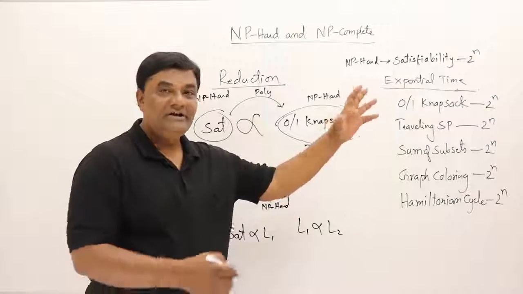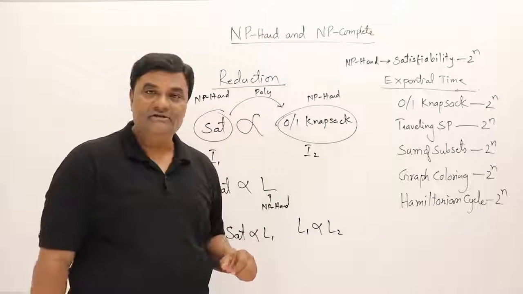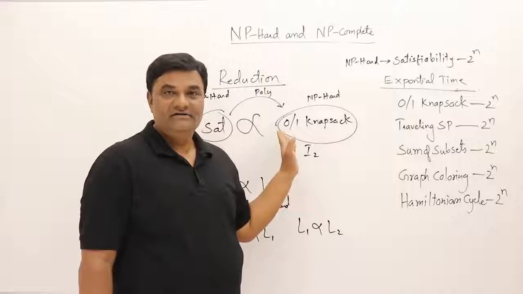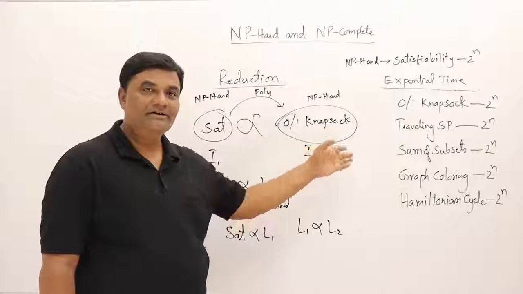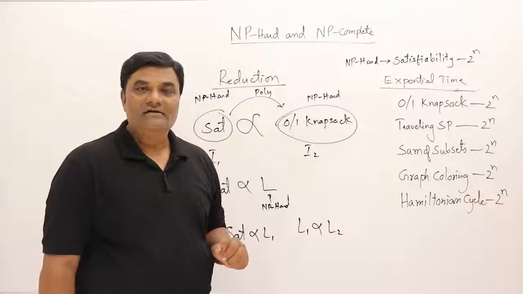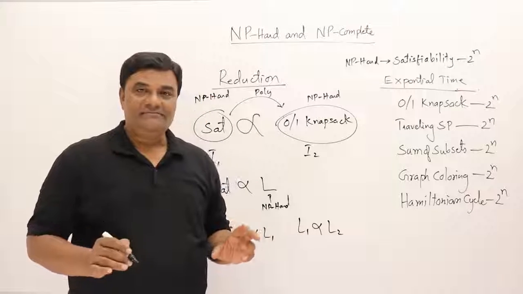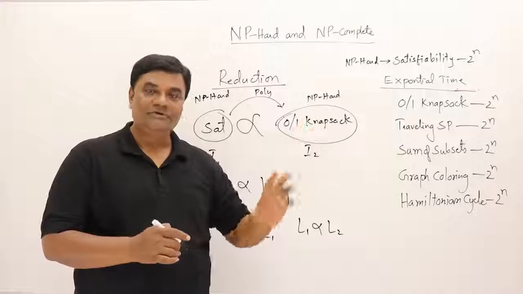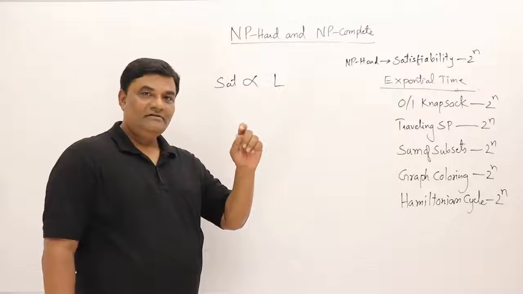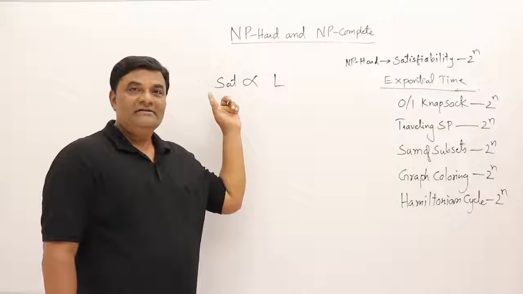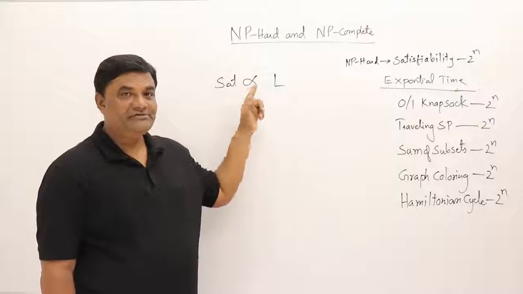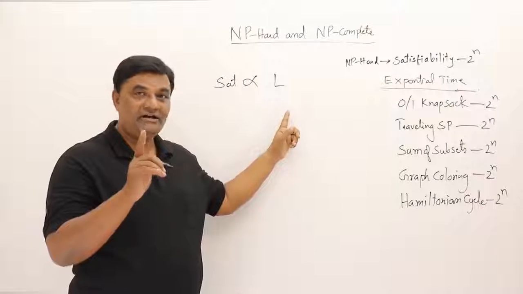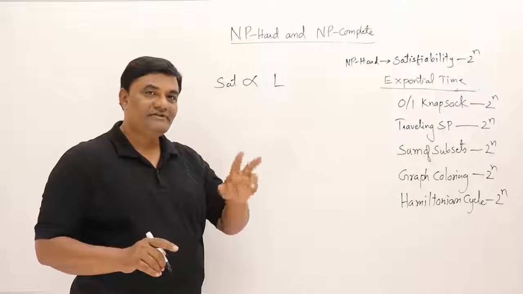So you don't have to bring all of them onto satisfiability only. You can relate to any one of the problems, either satisfiability or 0-1. So this is NP hard. If satisfiability reduces to any problem, that problem also becomes NP hard.